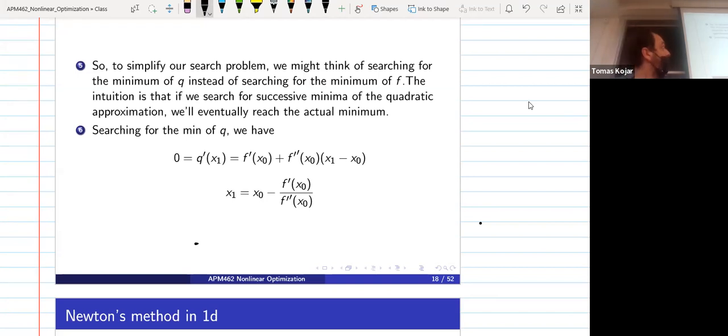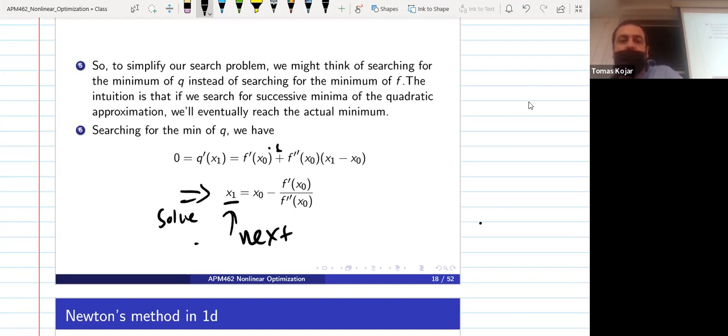So q prime, you set it to 0. The first constant is dead. This is times 1, and there was a half, so the 2 cancels out. And then you solve for x1, and x1 will be the next initial point.